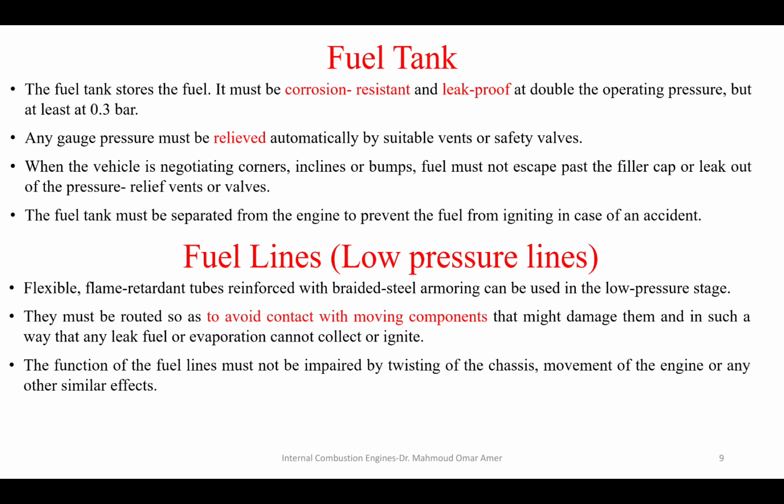These fuel lines must avoid any flat surface under the vehicle, so in case the vehicle hits a bump or a rock from the bottom, they shouldn't hit the fuel lines. The fuel lines should pass through special passages inside the bottom of the vehicle.